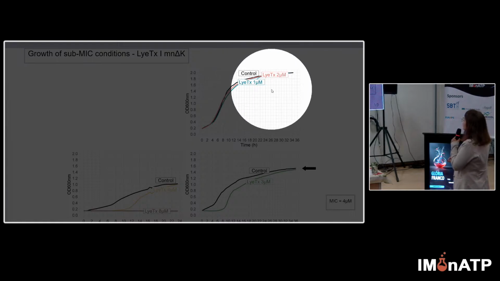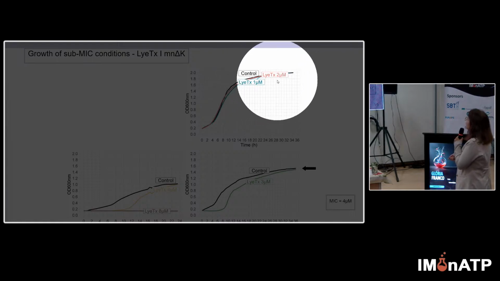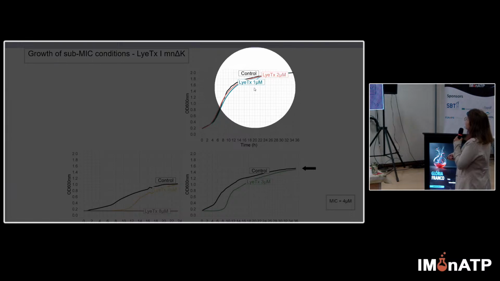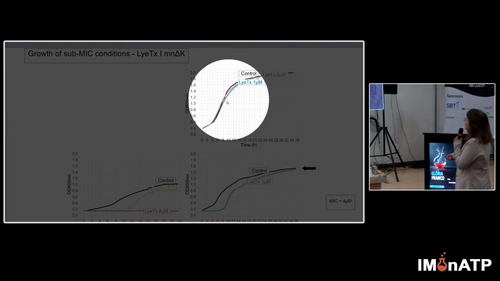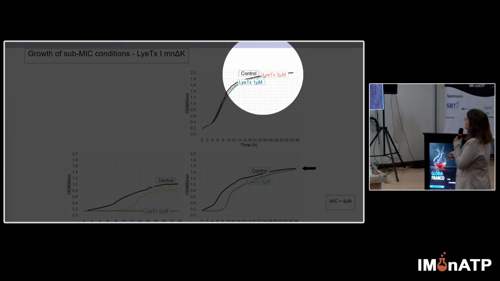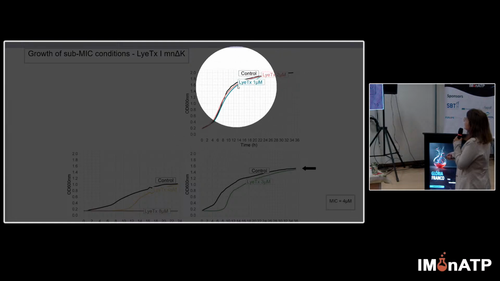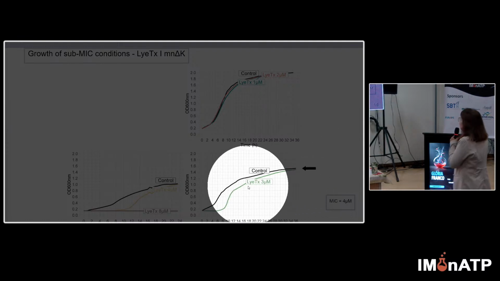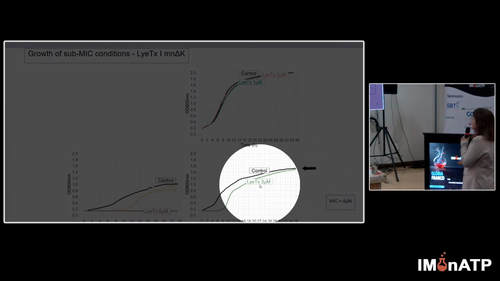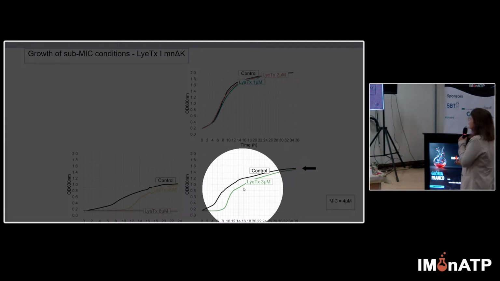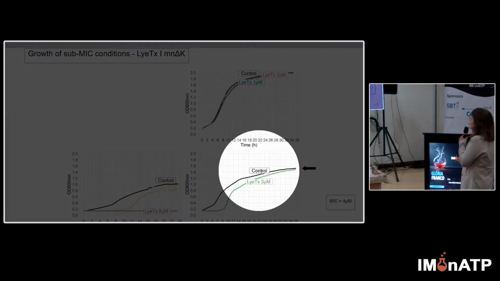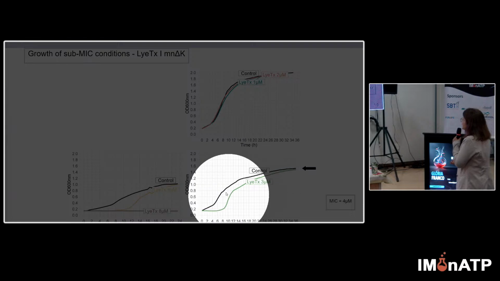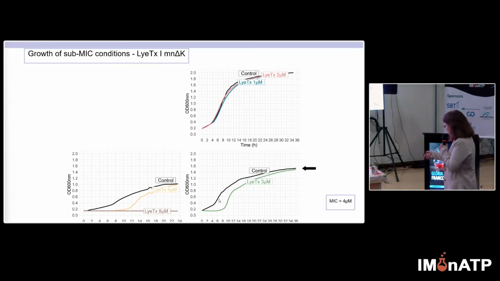Here we saw half of the MIC, 2 micromolar, and 1/4 of the MIC. And it's very similar to the control, that had no treatment. And then we decided to use this concentration, 3 micromolar, because it delays the growth, but it's still not killing the bacteria.